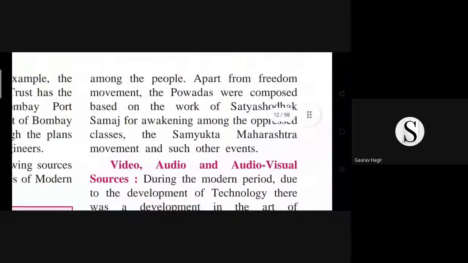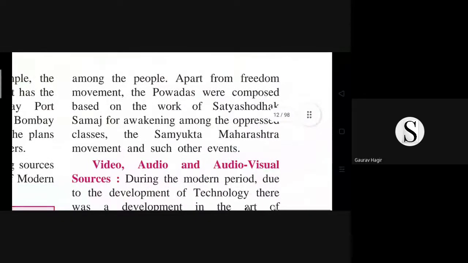The povadas were composed based on the work of Satyashodhak Samaj for awakening among the oppressed classes, by the Samyukta Maharashtra movement and such other events.